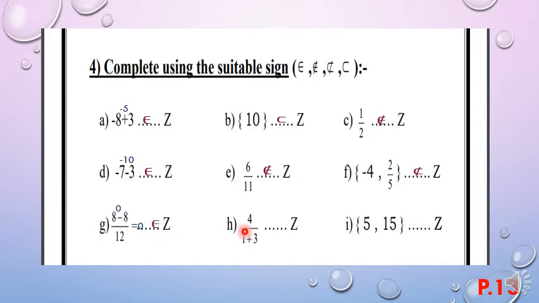Letter H, 4 over 1 plus 3. Let's solve it first. 1 plus 3 equals 4. 4 over 4 equals 1. So this one belongs to Z. Letter I, 5 and 15 between braces, which means that we have here a set. Is this set a subset of Z? Yes. So my answer is subset.